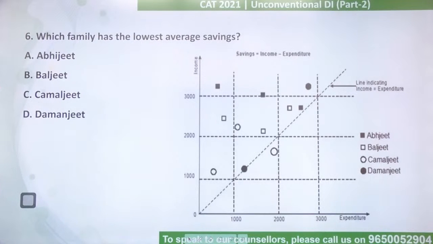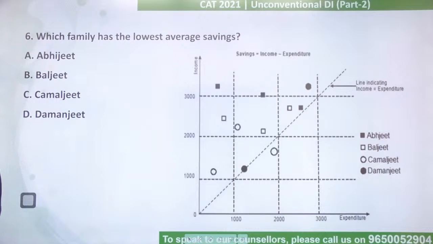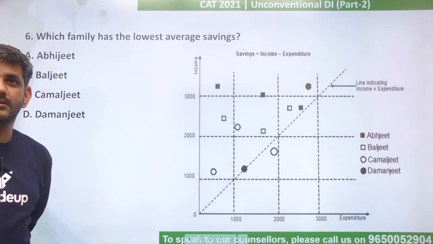Surya says C. First answer is from Surya. Very good, Surya. Pranit also says C. Very good, Pranit. Pritha also says C. Good, Pritha.